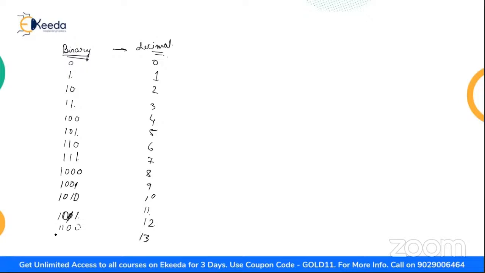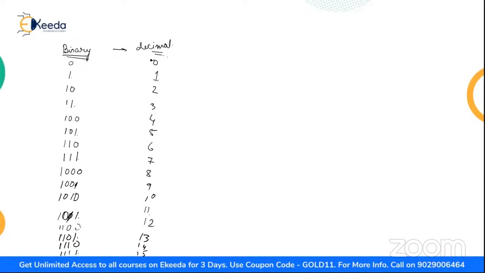For 13, you will get 1, 1, 0, 1. And for 14, you will get 1, 1, 1, 0. And for 15, you will get 1, 1, 1, 1. So for all 16 decimal numbers, you will get this binary.